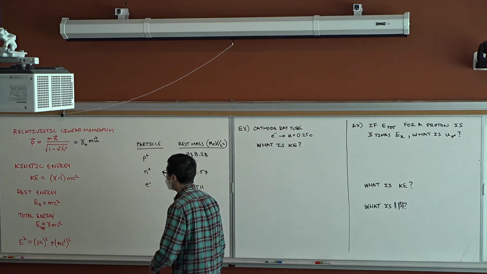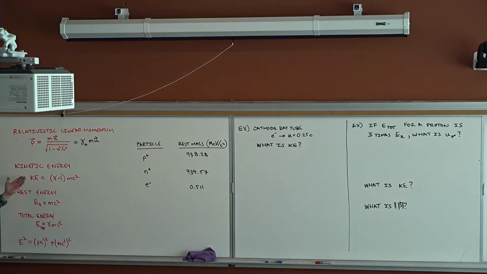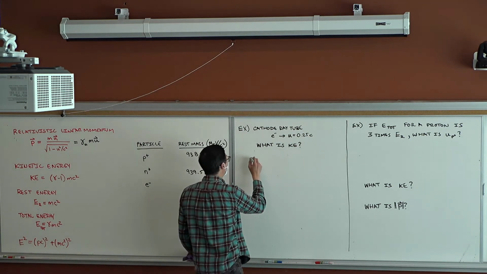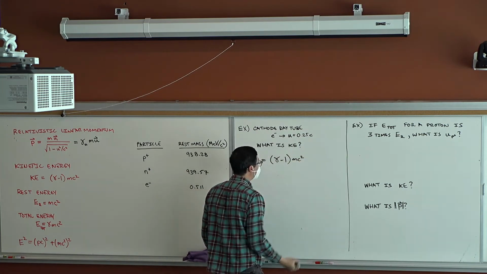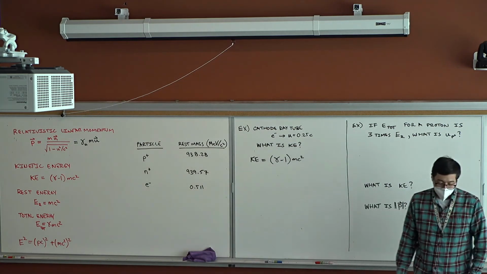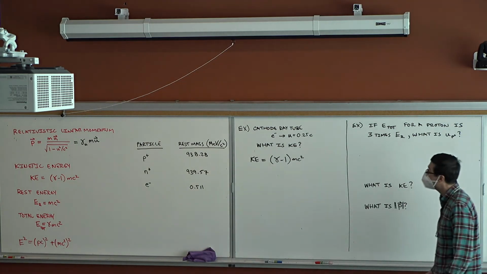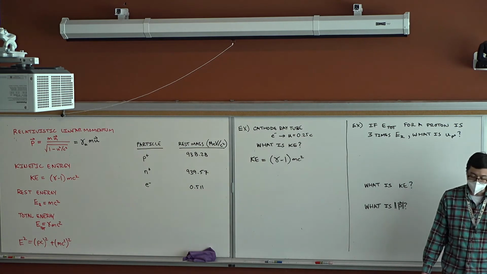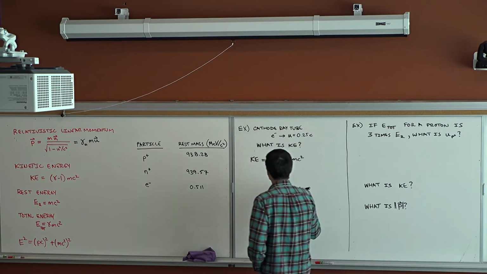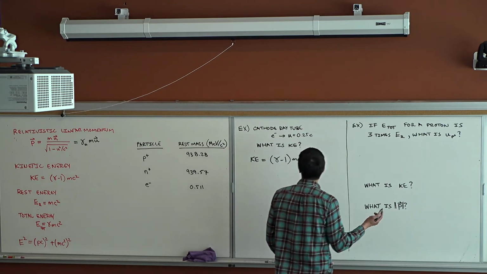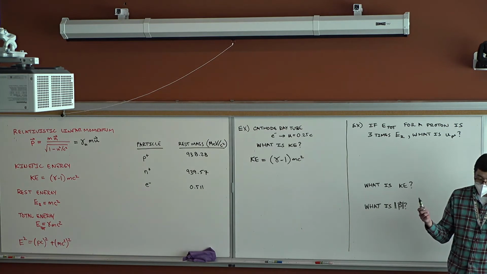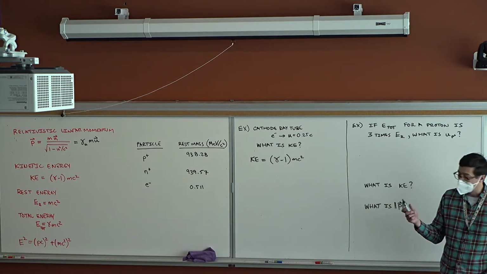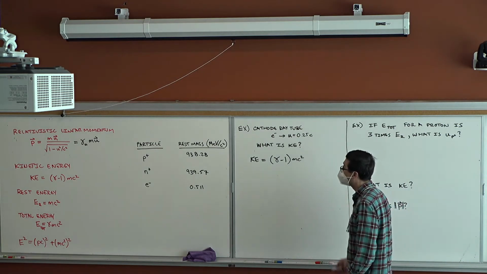And so here, we can just do a plug and chug style problem. The kinetic energy is just gamma minus 1 times mc squared. And so if we plug in our values here, well, there's a couple ways we can do this.